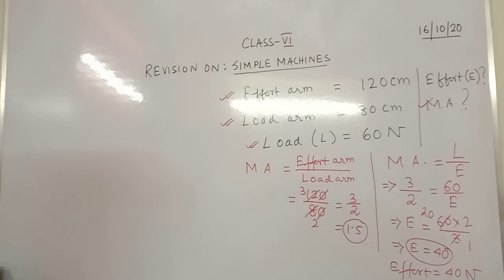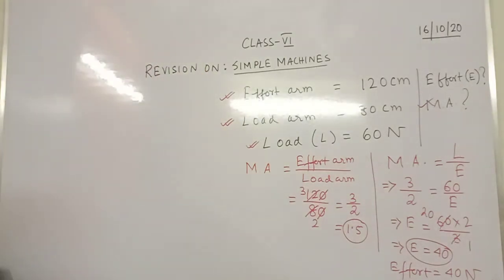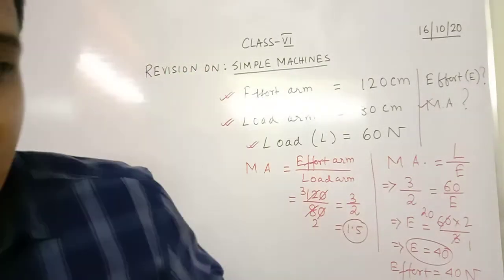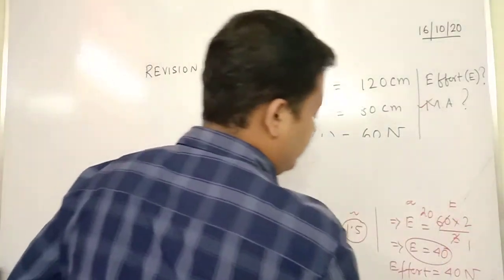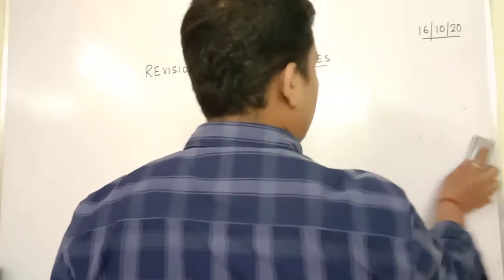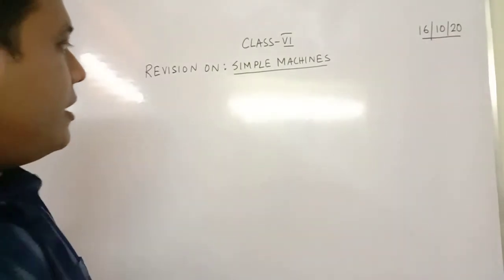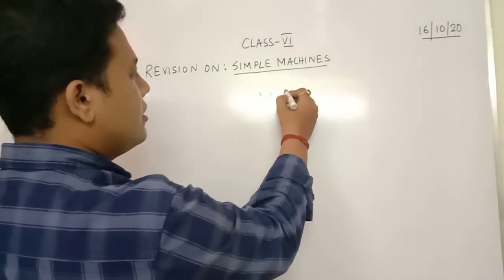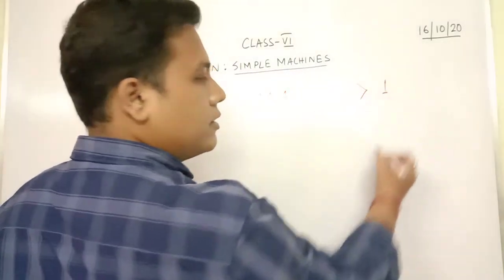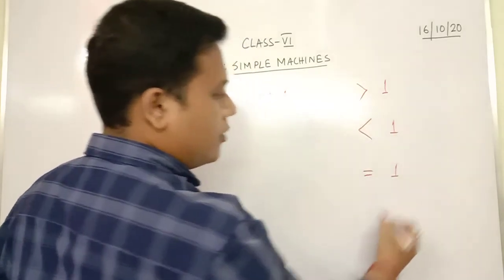Okay. So students, one more thing I want to say about mechanical advantage: that mechanical advantage can have values greater than 1, can have values less than 1, can have the value equal to 1.